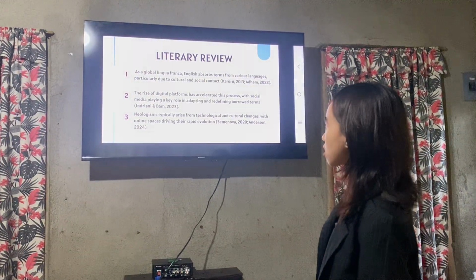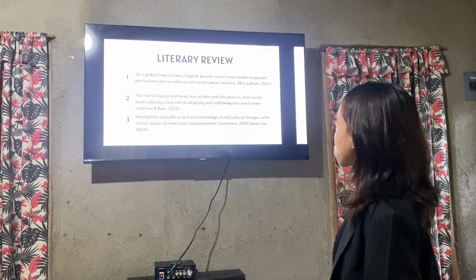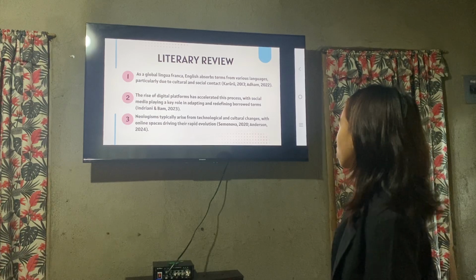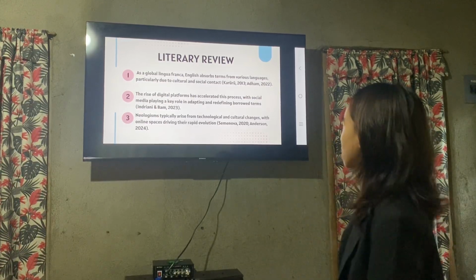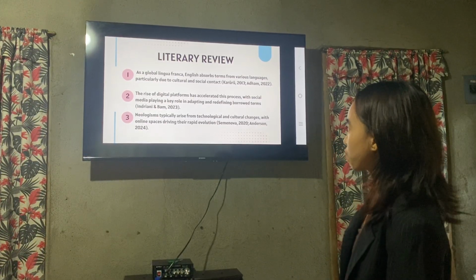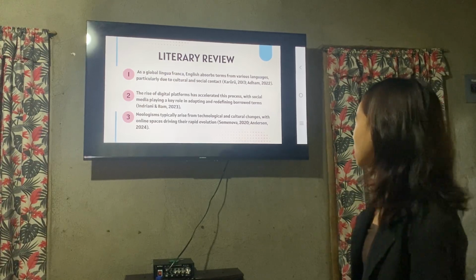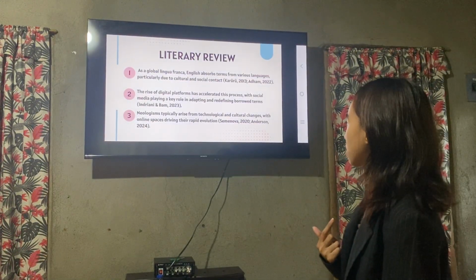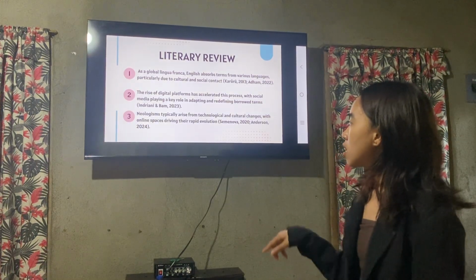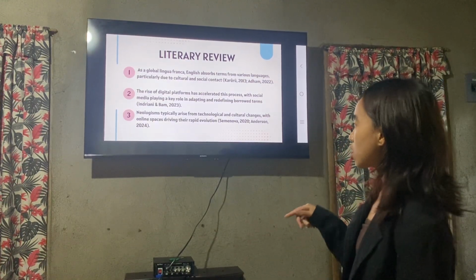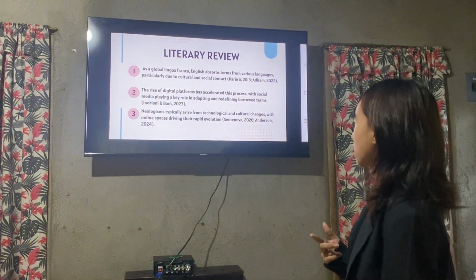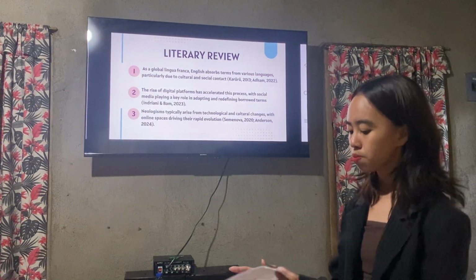First, as a global lingua franca, English absorbs terms from various languages, particularly due to cultural and social contact. Next, the rise of digital platforms has accelerated this process, with social media playing a key role in adapting and redefining borrowed terms. Next, neologisms typically arise from technological and cultural changes, with online space driving their rapid evolution.